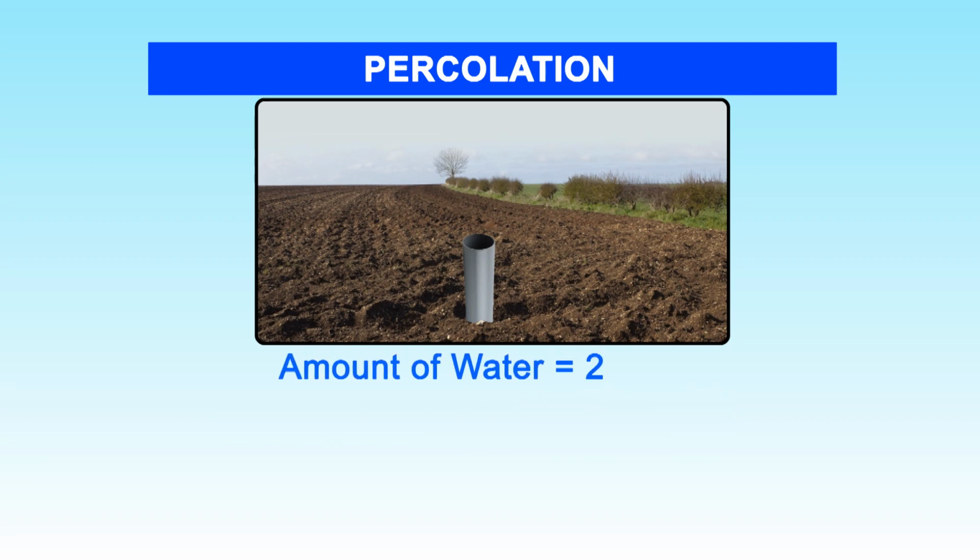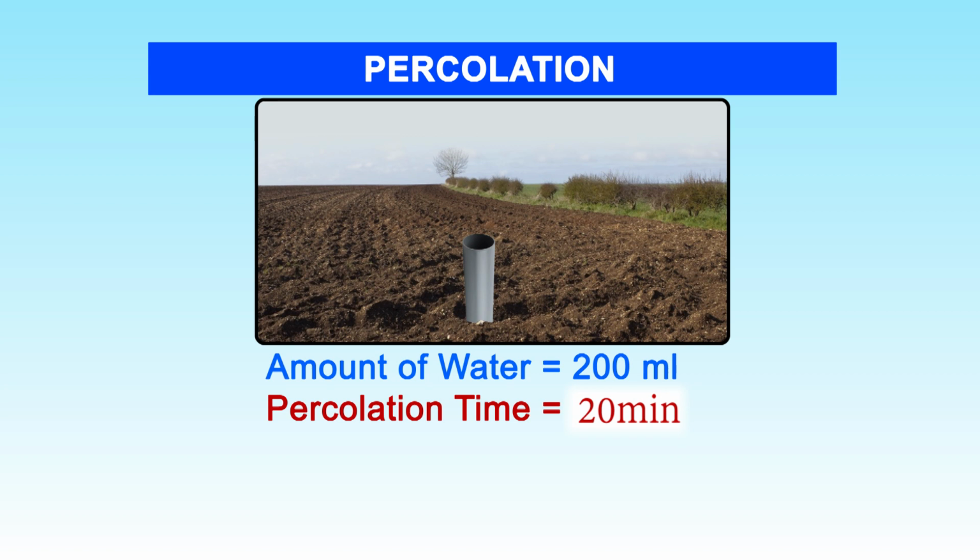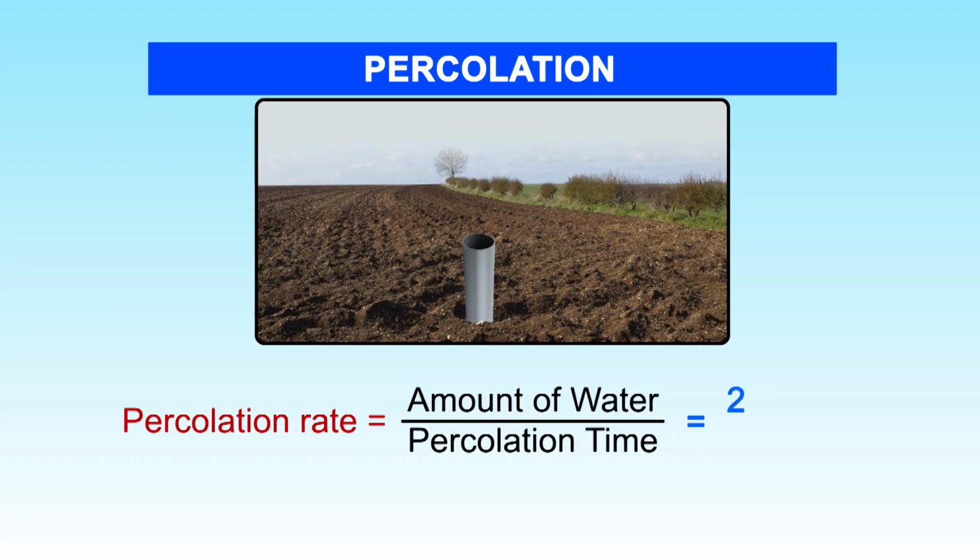For example, suppose that for a certain sample it took 20 minutes for 200 ml to percolate. So, the rate of percolation is equal to 200 ml divided by 20 minutes. So, the answer will be 10 ml per minute.